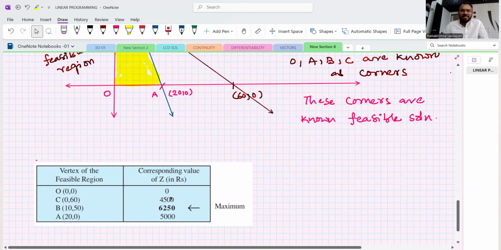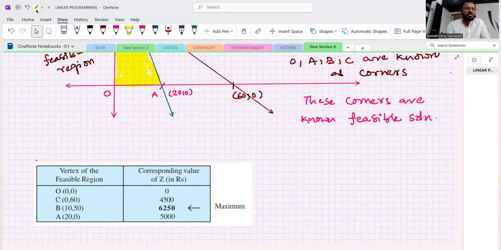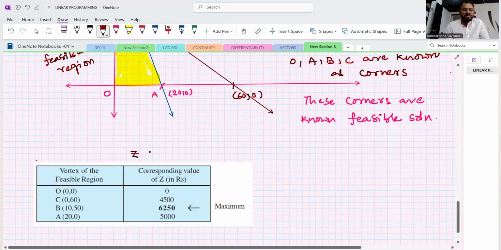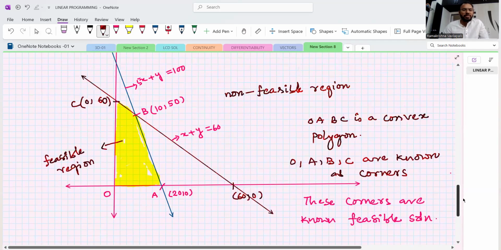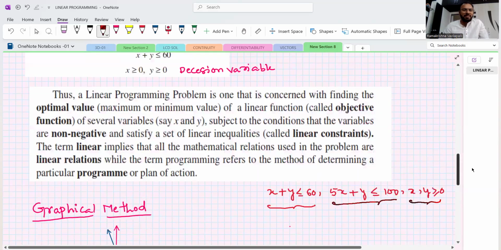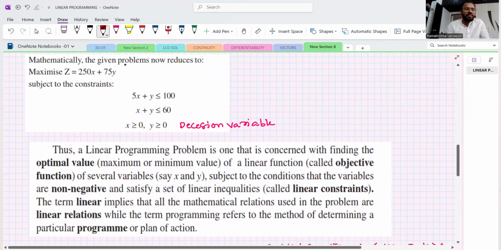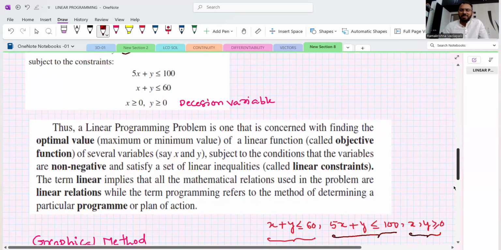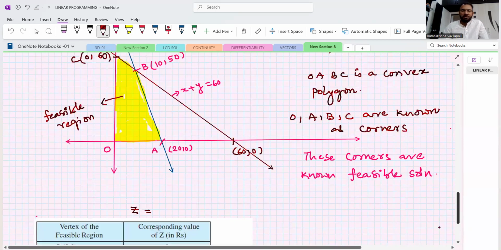What is the objective function? Profit on table is 250, profit on chair is 75. So 250x plus 75y, that is the objective function.